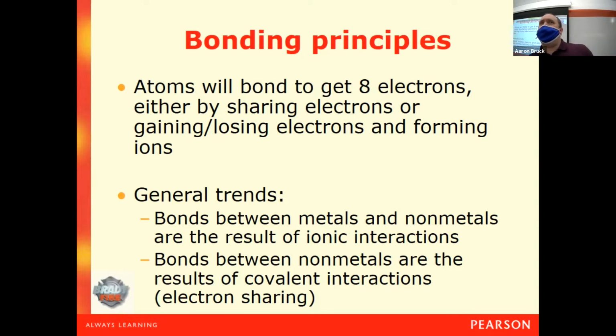In nonmetals, we've got those elements that have 1, 2, 3 unpaired electrons. They can share those with each other and form chemical compounds that way. That sharing of electrons is called a covalent interaction. The pair of electrons becomes what is called a covalent bond.